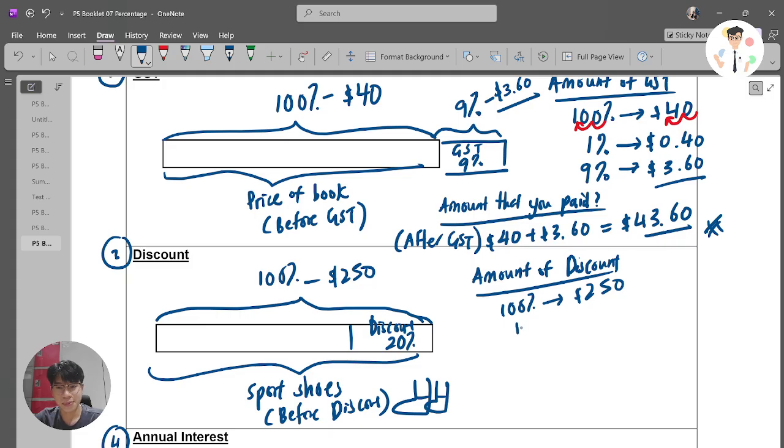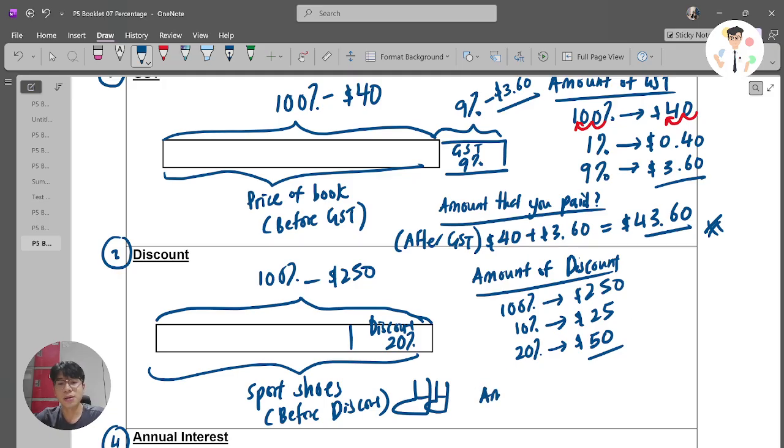Then what is 10%? 10% means you are dividing by 10 here. So it's $25. If 10% is 25, 20% is actually equal to $50. So it means that the amount of discount that they cut for you is $50.